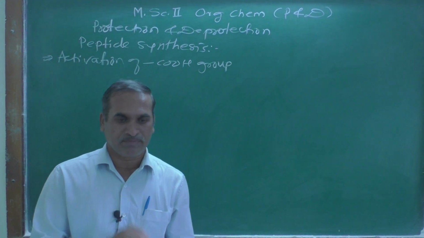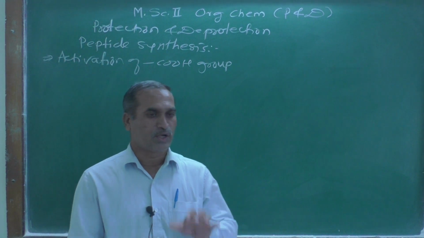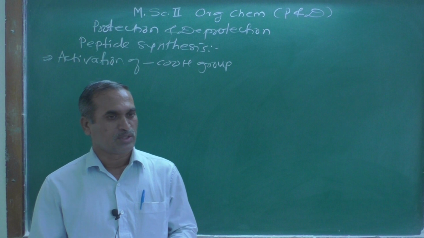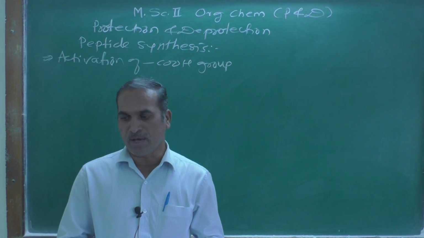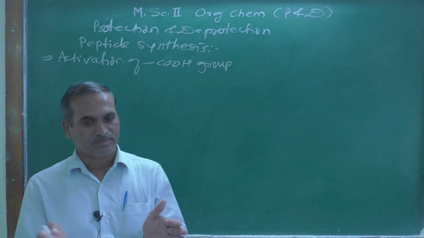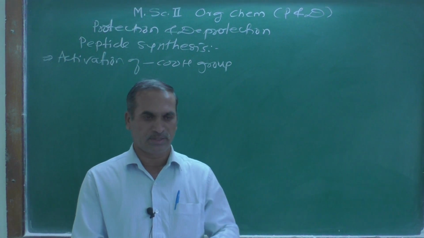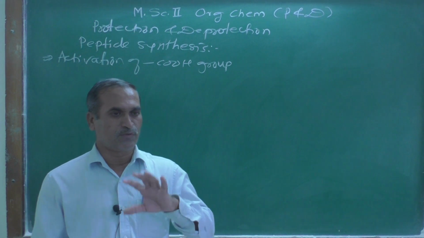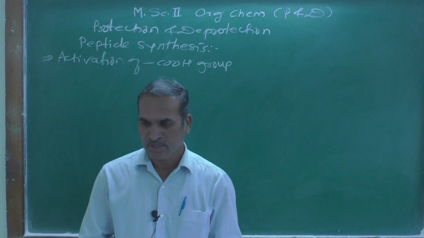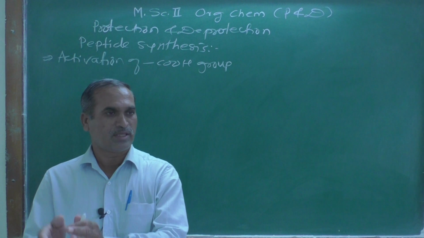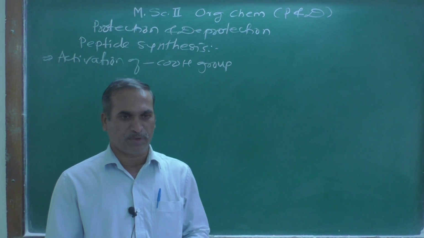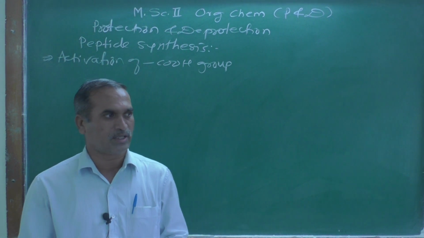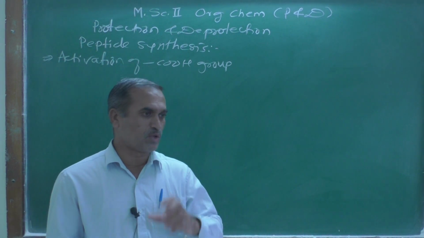We already learned there are 20 amino acids present. So suppose two amino acids react together, it gives rise to 4 different products, and when these 4 different products are obtained, there is difficulty in isolation.